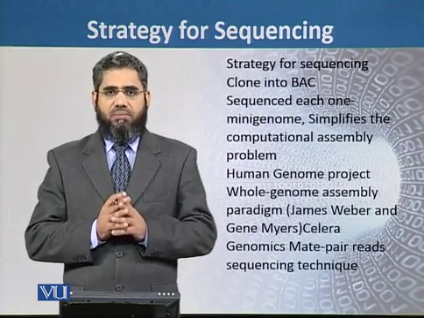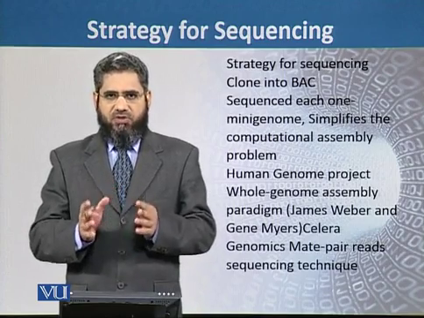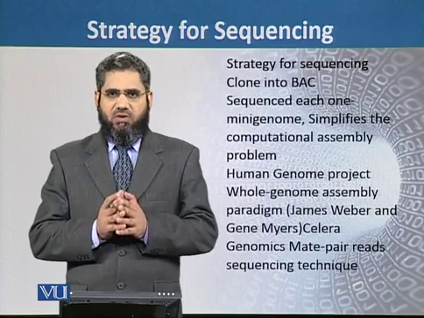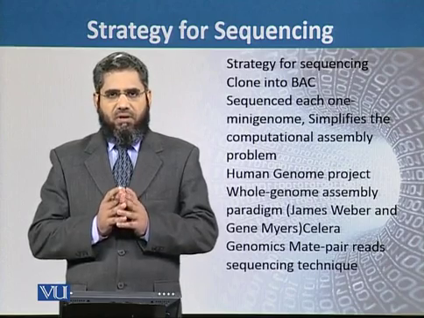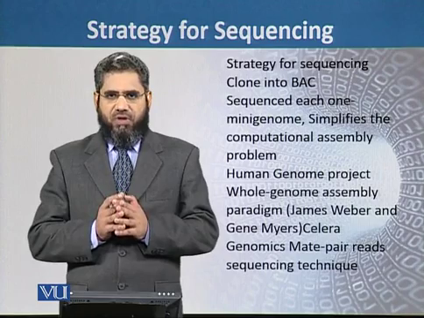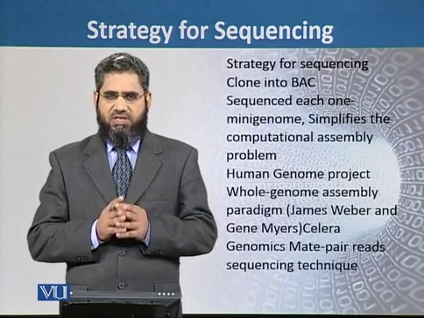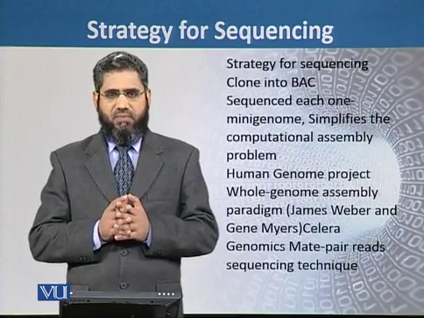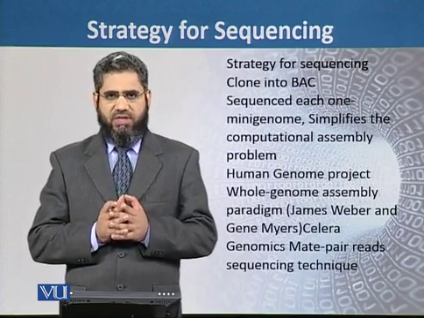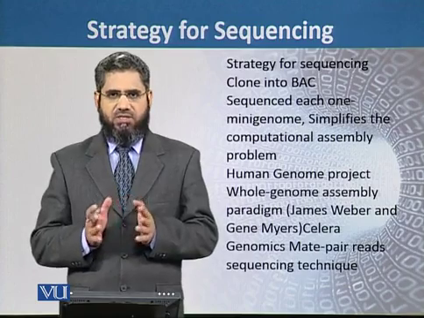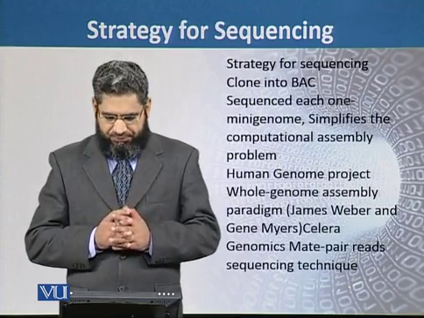This BAC to BAC strategy, known as the whole genome sequencing strategy, is also adopted in the sequencing of other organisms such as mice and rat. And this strategy proves to be very successful in sequencing large animals.